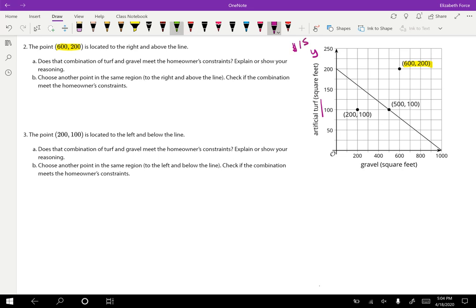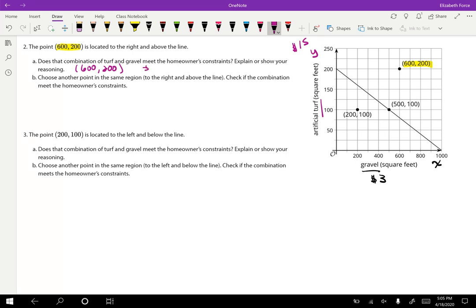And our gravel, which is over here on the x-axis, was not as expensive, at $3 per square foot. So the point 600 comma 200 basically means that our gravel is 600 square feet.